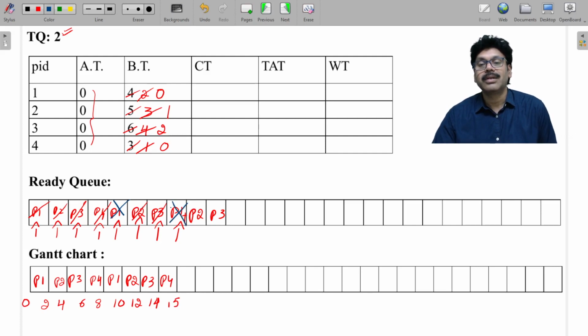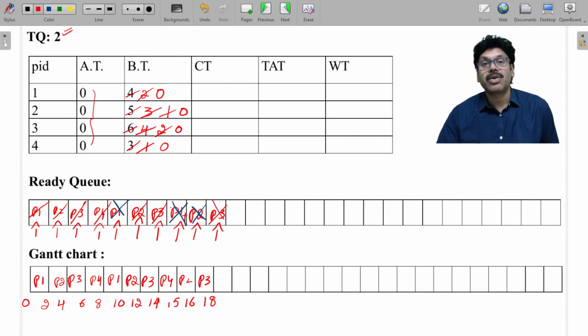Now the head of the queue is P2. P2 requires how many? Balance is 1. Okay, completed. So P2 is executed to 16, and remove P2 from the queue. Then in the ready queue you have only one process, P3. P3 requires how many? 2 units. It gets completed. So 18. So there is no need to add it to the queue.